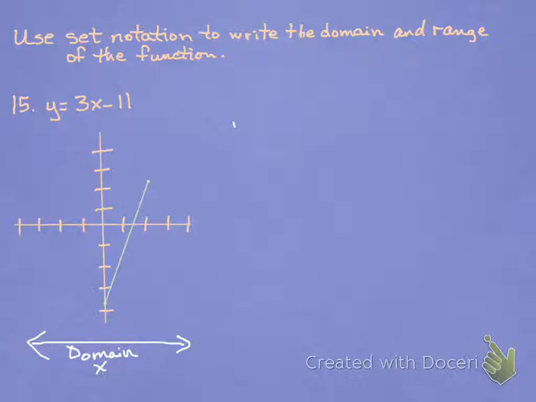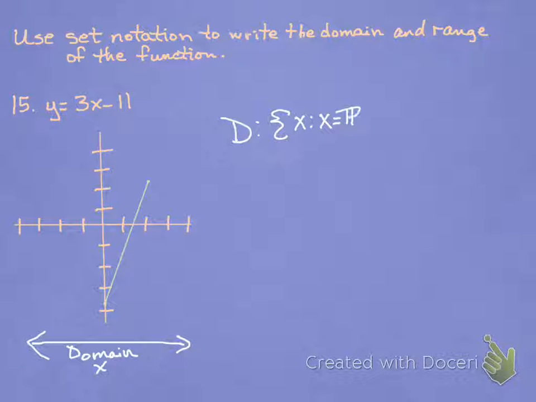My domain is the left and right movement of this graph, and that continues forever in both directions. So because of that, and because I have a line drawn between all my points, my domain is all real numbers.